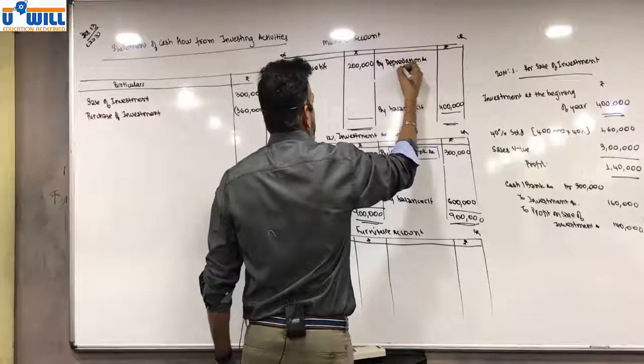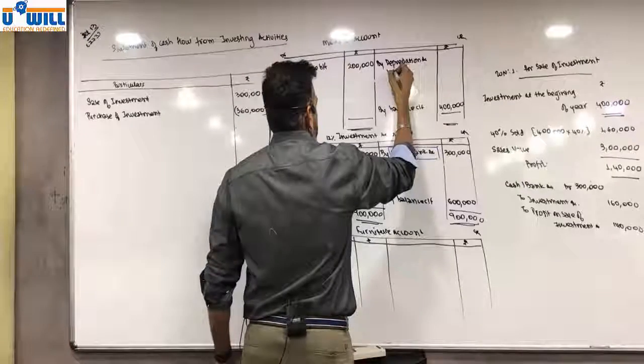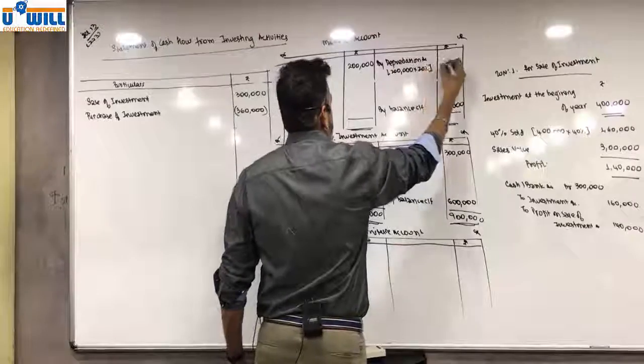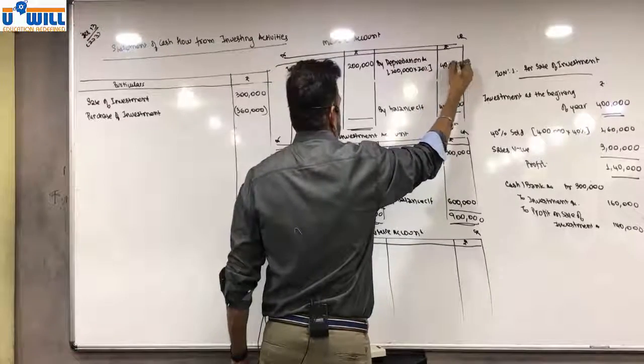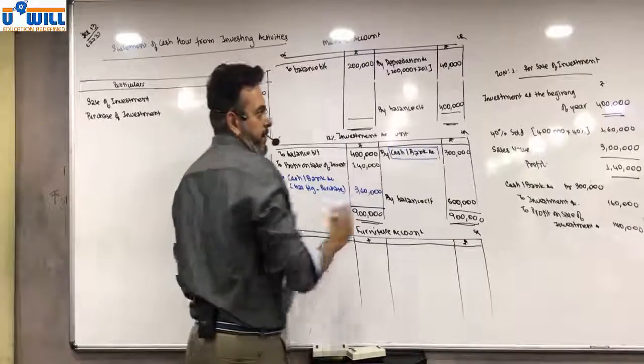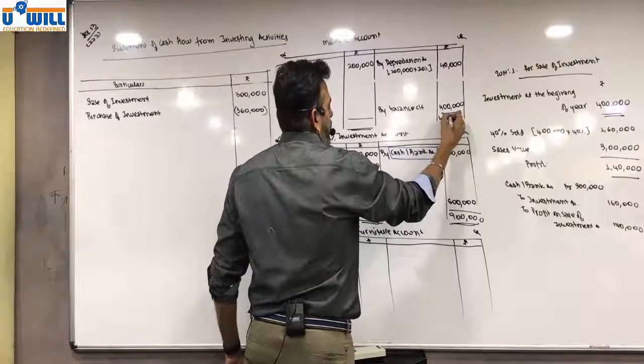What's the amount? 2 lakh into 20%. That is 40,000. Now the information given, close it. 4,40,000.